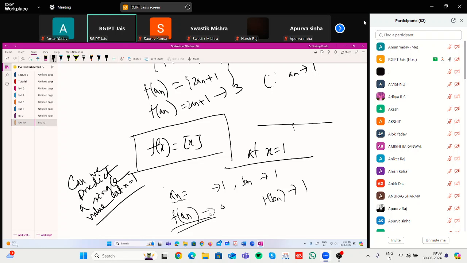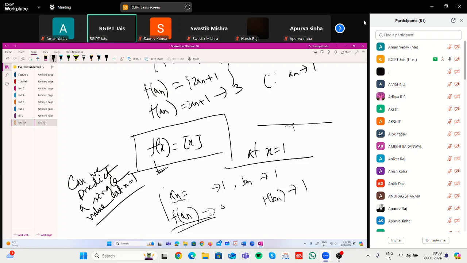Can you give an example of a sequence such that a_n goes to 1 but f of a_n goes to 0 for this function as x goes to 1? What kind of sequence do you have to choose such that f of a_n goes to 0?